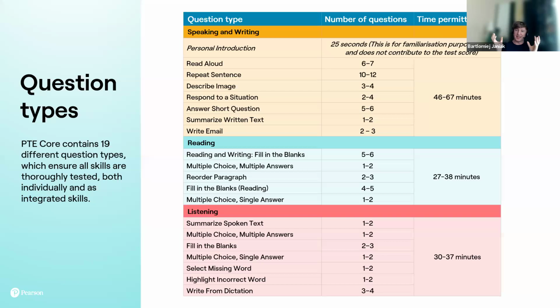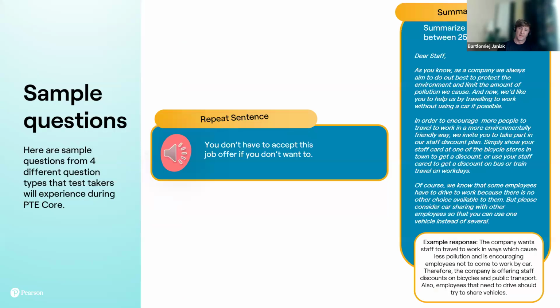You'll be presented with an everyday or workplace situation, and you'll be given some time to think, and then you'll have to respond as if you were in this situation. Everyday life situations, workplace situations, non-academic study situations.